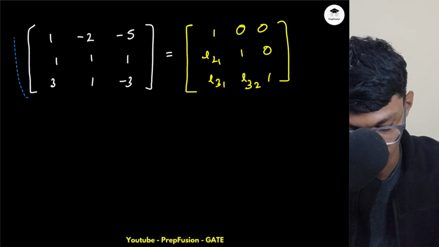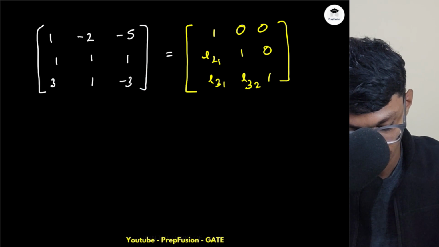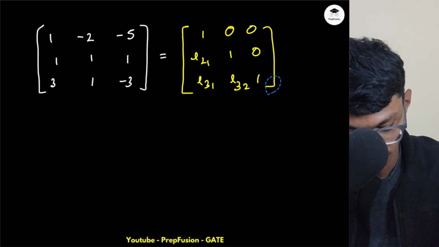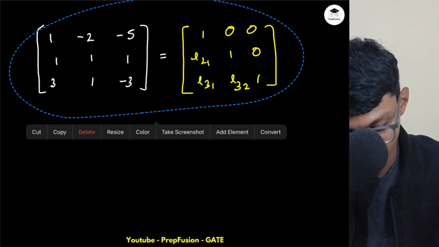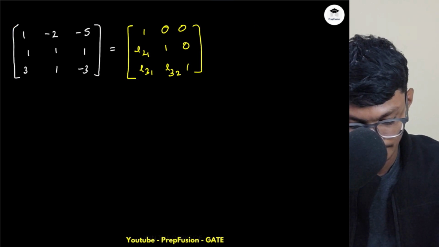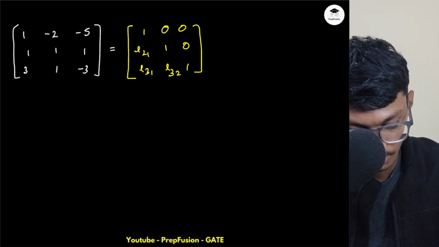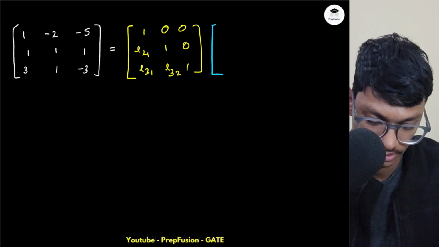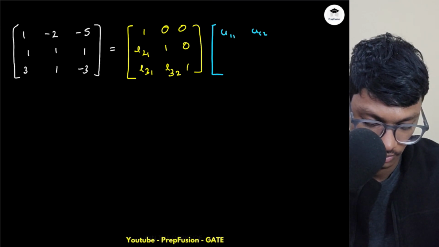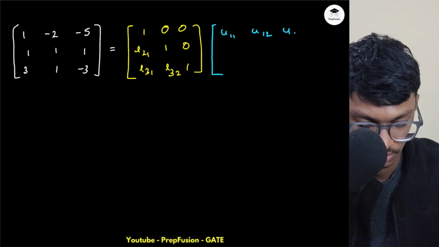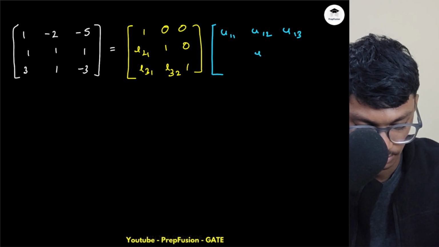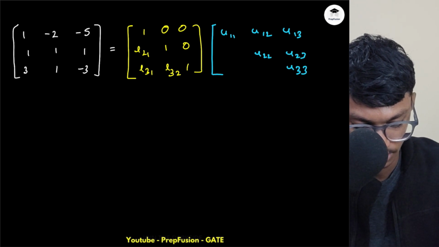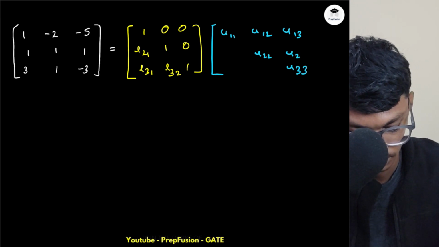Okay, let me reduce the size. So what is this? This is U11, U12, U13, U22, U33, U23 and 0.